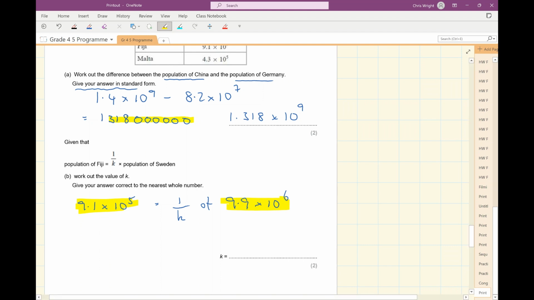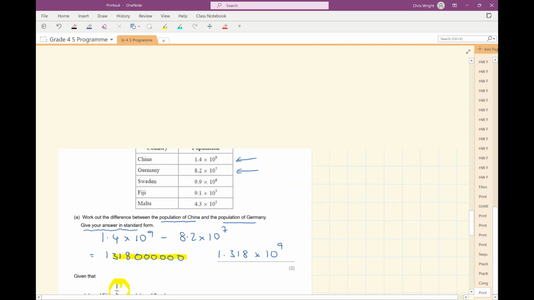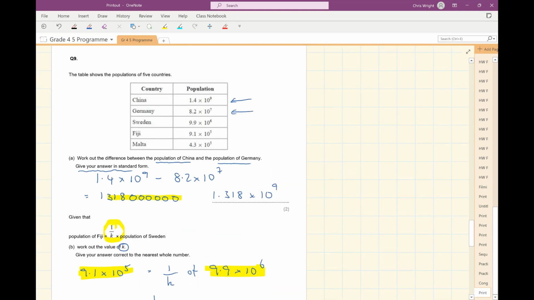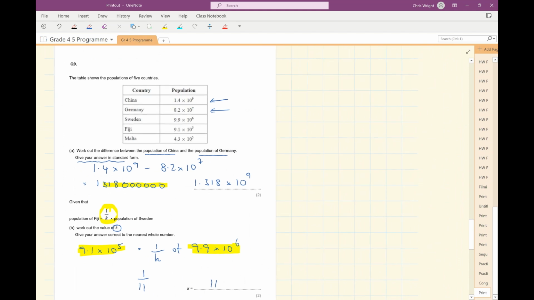And to the nearest whole number, that's 11. So the population of Fiji is 1/11 of the population of Sweden. And so the value of K is 11. I would have thought that that part B was a very tricky grade 5 question.